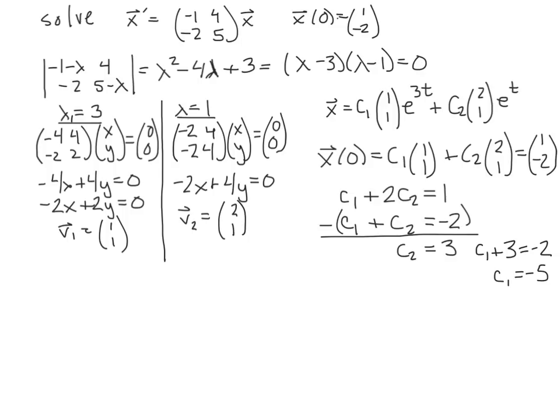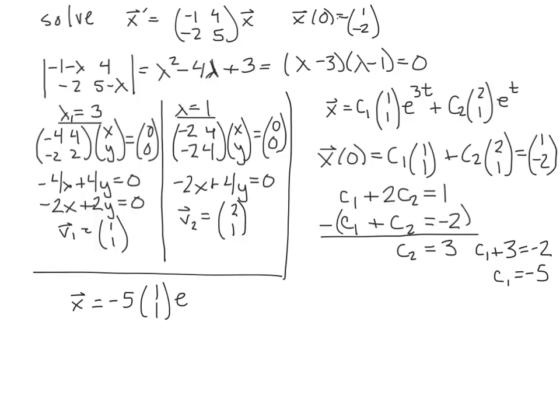All right, so now I've got all my eigenvector and eigenvalue work, because I'm going to come back over here to the left. So now I've got that C1 is negative 5 times 1, 1, e to the 3t, plus C2, 2, 1, e to the t, and I'm not sure what I was thinking right there.